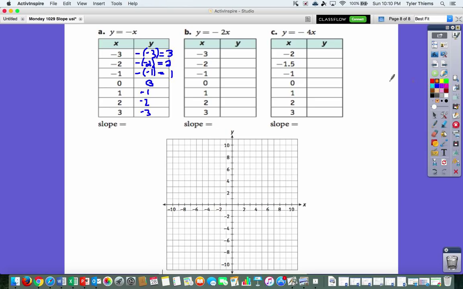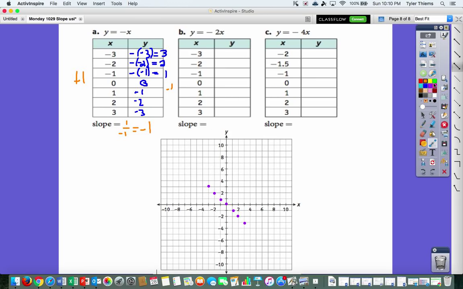So our slope, notice how x is going up by plus 1, y's are going down by 1. So this is 1 over negative 1, which gives you a slope of negative 1. So plotting this, x terms, y coordinates, negative 3 and 3, negative 2 and 2, negative 1 and 1, 0, 0, 1, negative 1, 2, negative 2, 3, negative 3.